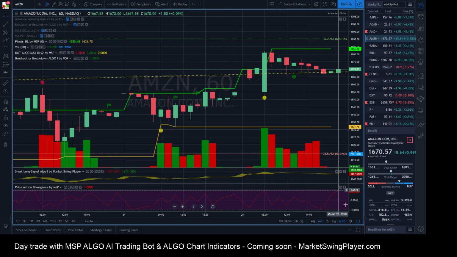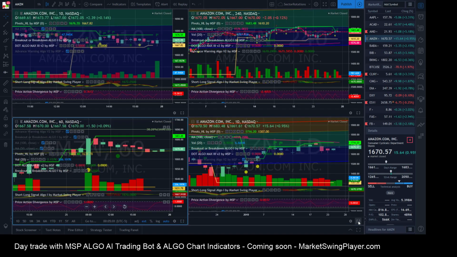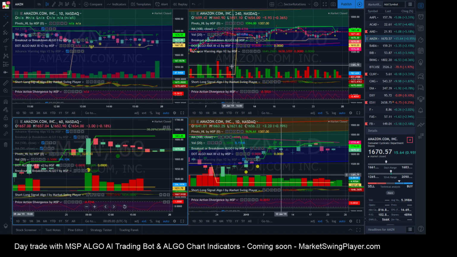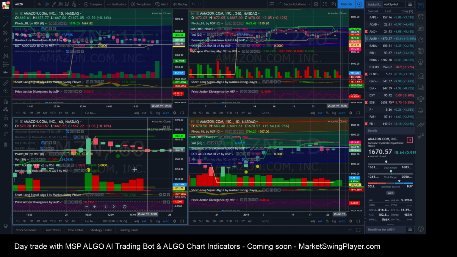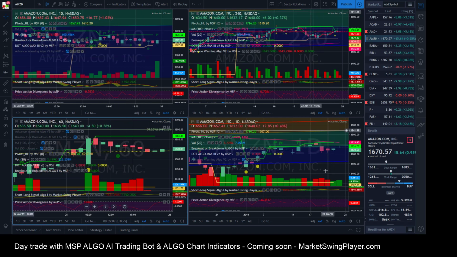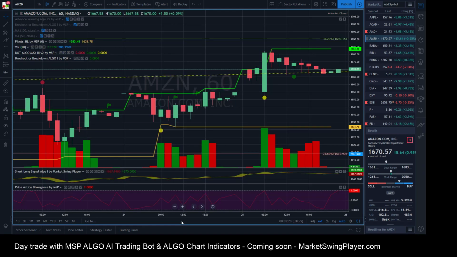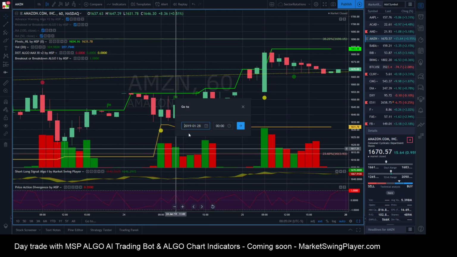And normally I'll have a 4-way chart. It looks like a mess, but I'll open it up. I have my 10-minute, my 60-minute, my 240, and my 1 day. Okay, so that was the 24th of December.